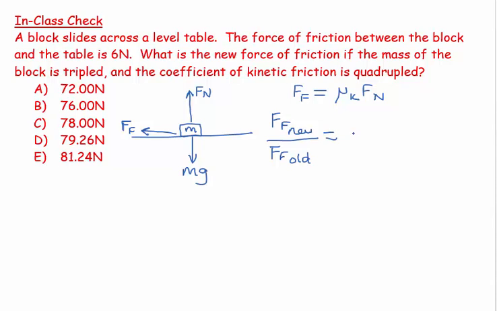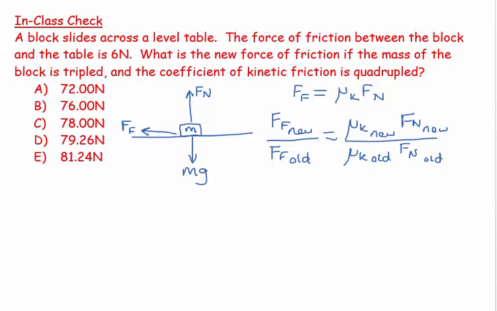That ratio will be equal to mu k new over mu k old, and then we're going to multiply that by Fn new over Fn old.